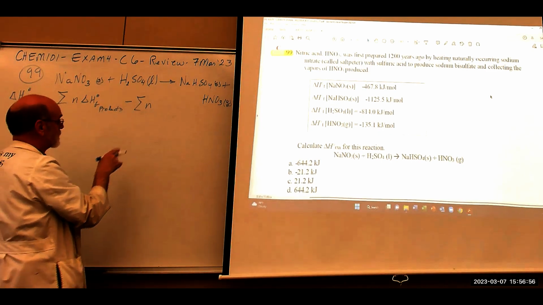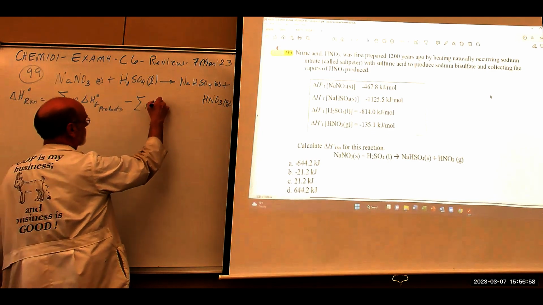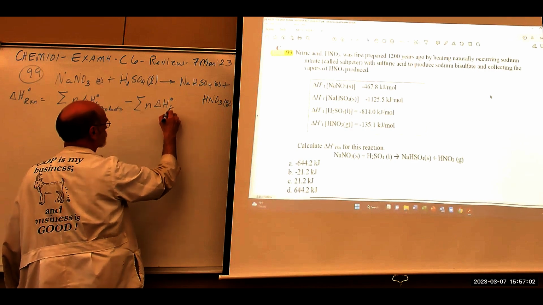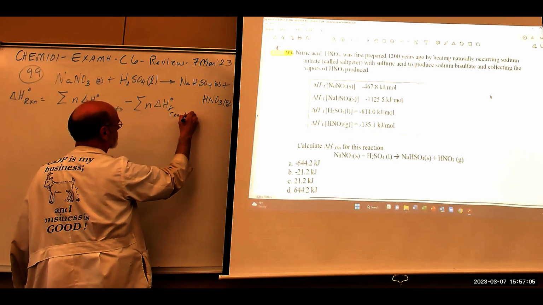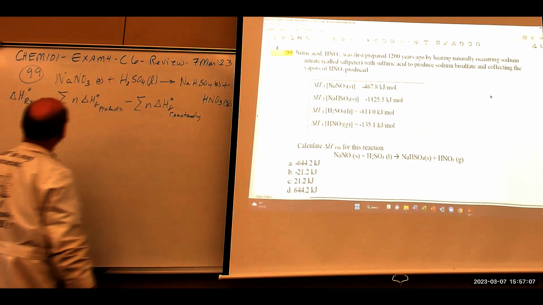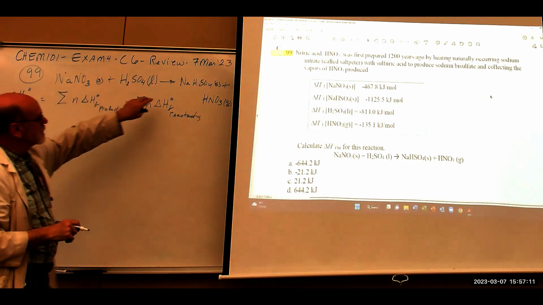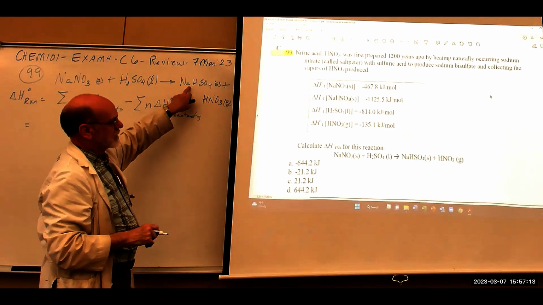In our case, they're all ones, which is convenient, of the heats of formation for the reactants. Okay, so let's do the products first.